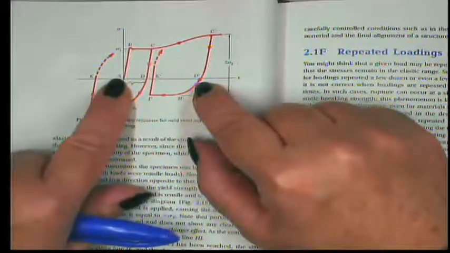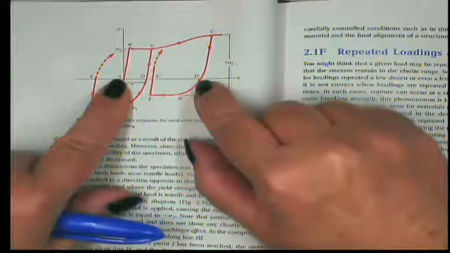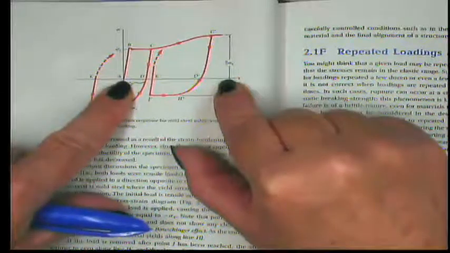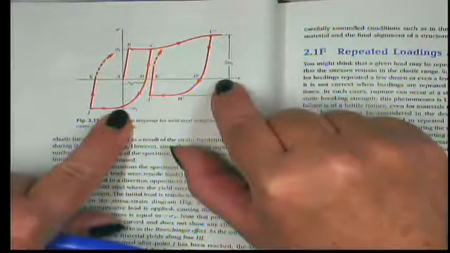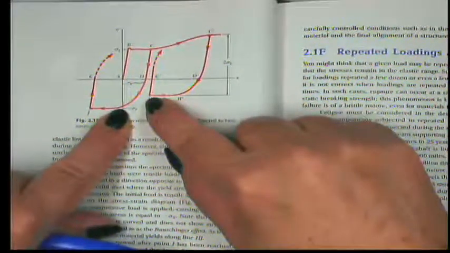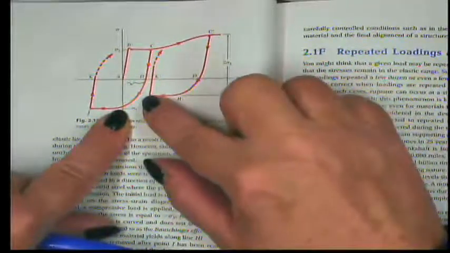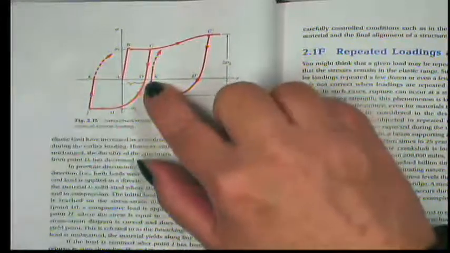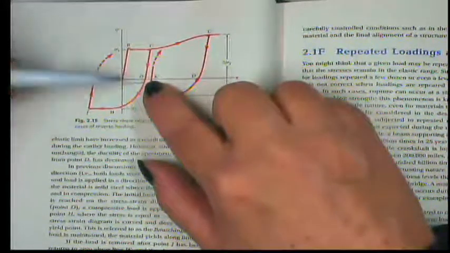So then what we do to see if we can get rid of that permanent set is we actually put it in compression. So below this line, because this is sigma 0, below the line we have sigma negative, which is compression. So we put the material in compression, it follows some other weird curve, and then we remove the compression and it comes back to K prime, which means we still have a permanent set.